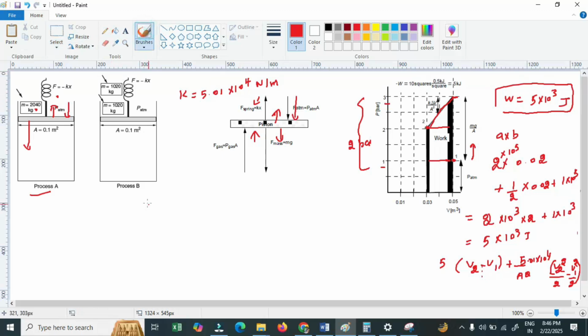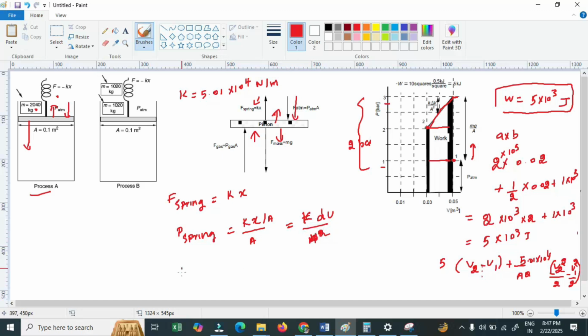In the problem they given, spring force equal to K into x, and I want to know the pressure of spring. Kx divided by A, divided by A will get F, sorry, K dV divided by A square.